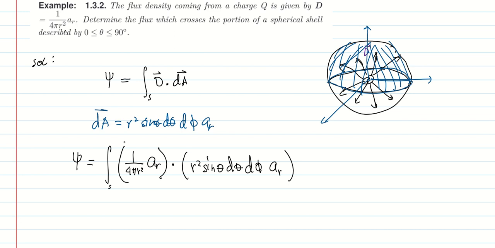If you take the dot product of a_r dot a_r, that's just equal to 1. And we can cancel out r squared and r squared. So it doesn't matter what the radius of the sphere is, because in this equation, the radius will disappear in the final equation for that flux.